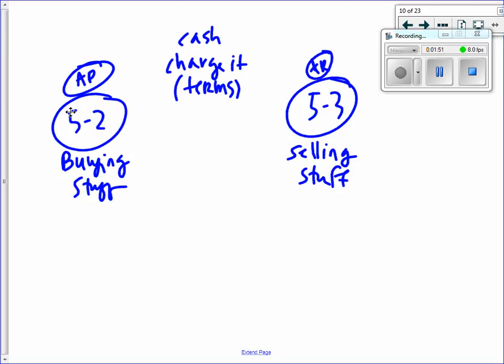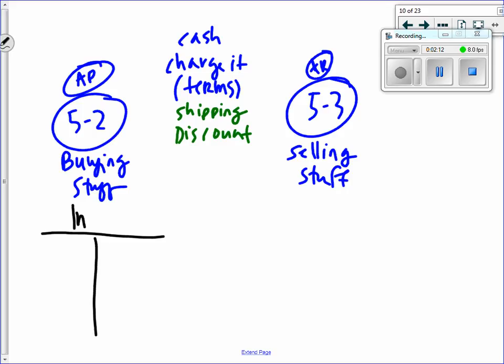Terms. There's typically some shipping terms, and there's oftentimes some kind of discount terms, like if you pay within a certain time, we're going to offer a discount. On the buying side of things, it's all in inventory.